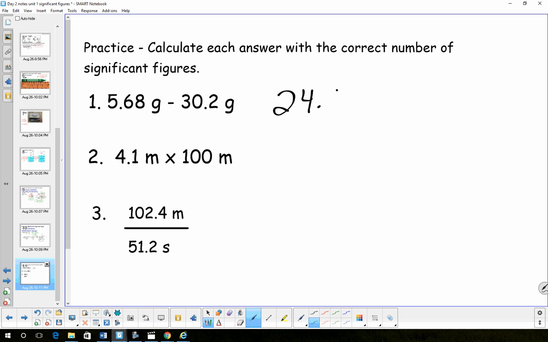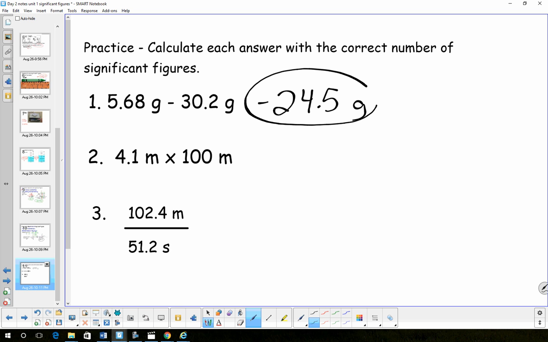And it would be grams, right? Yeah. Anybody disagree? You disagree. What do you think it is? Negative 24.5. Okay, now do you agree? Okay, good job. Okay, so this is my answer.